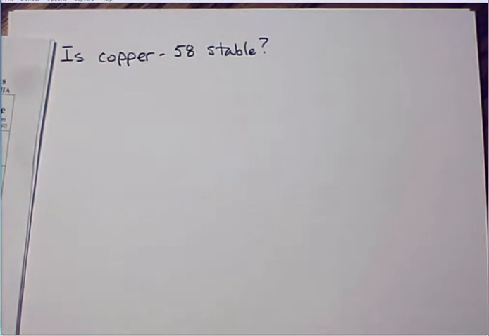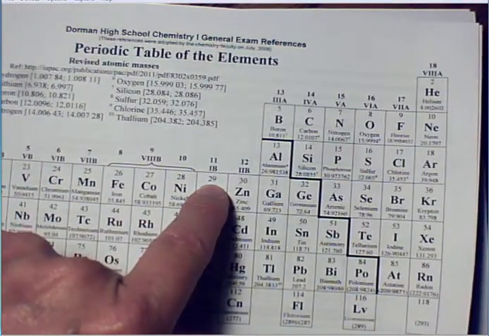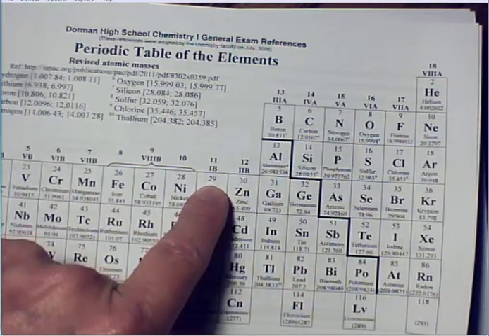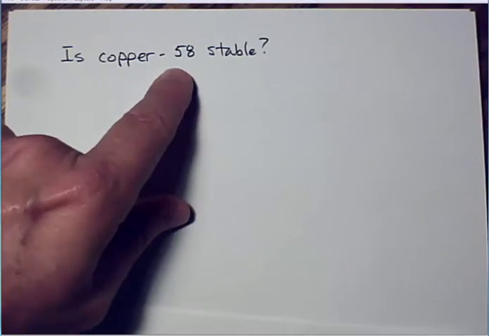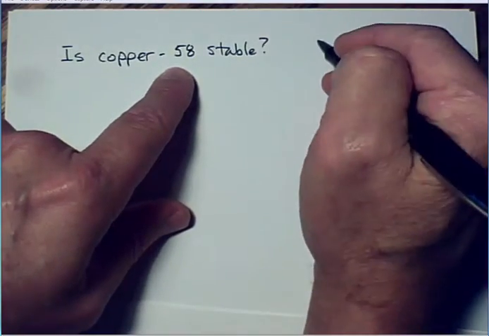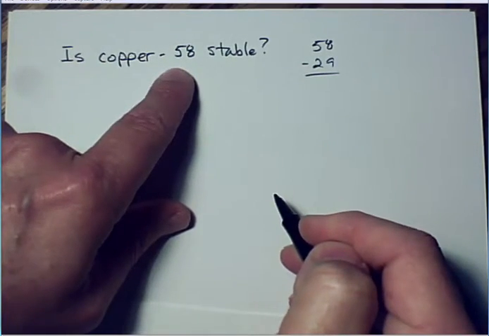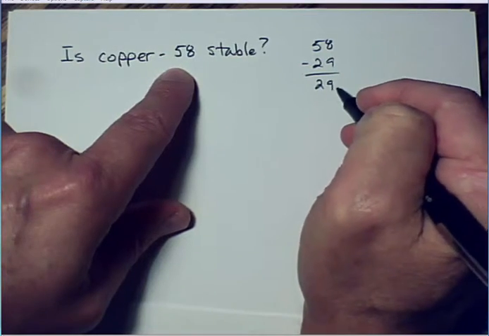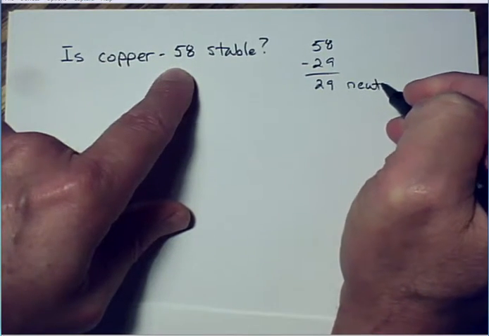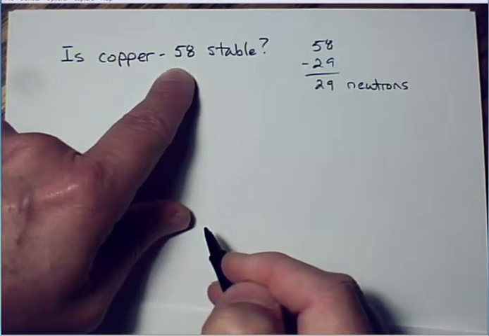The mass is protons plus neutrons. The atomic number for copper is 29. In order to find the number of neutrons from this, we take 58 and subtract 29, and you get 29. So this is the number of neutrons in this case. It's not always the number of neutrons, but it is in this case.